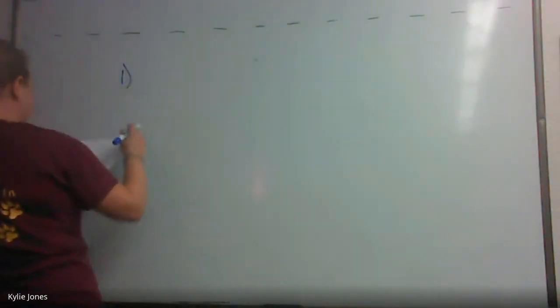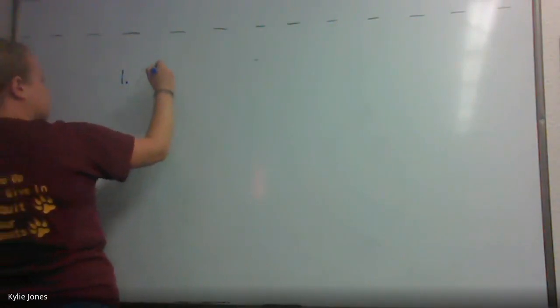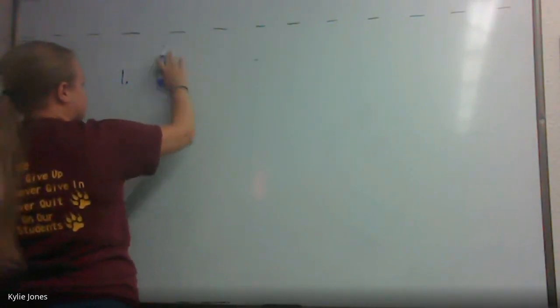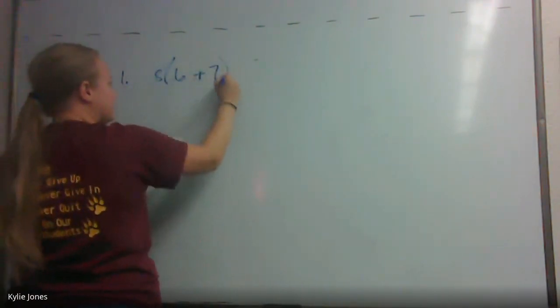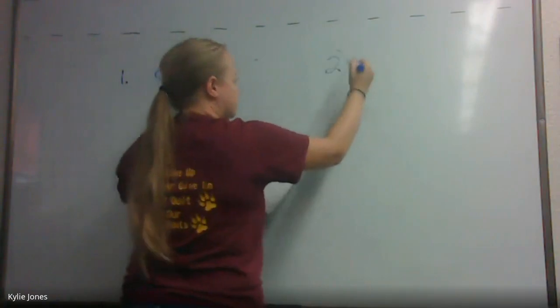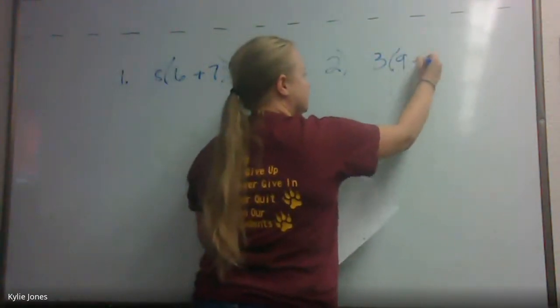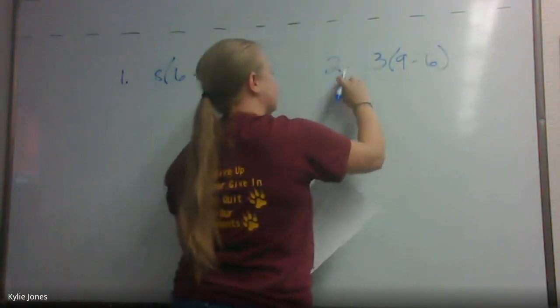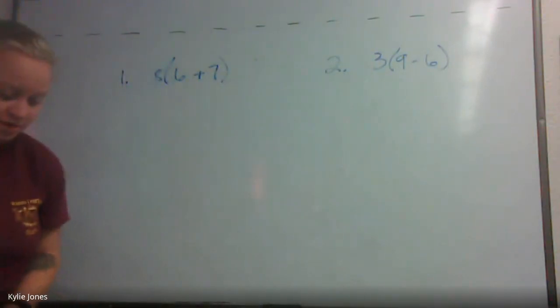I'll give you 3 minutes. Number 1, we'll do 8 times 6 plus 7. Number 2, let's do 3 times 9 minus 6. So go ahead and work on those 2 problems. Can you see them? Are they big enough?